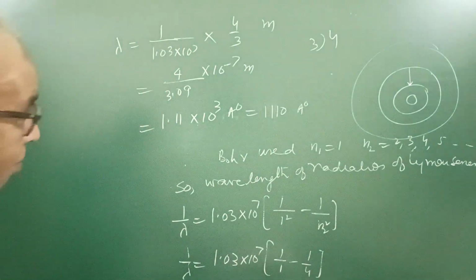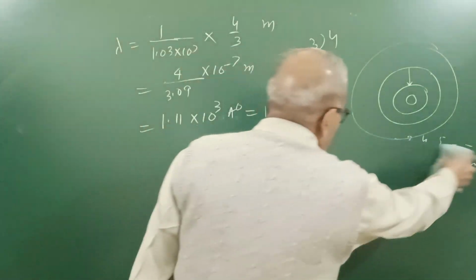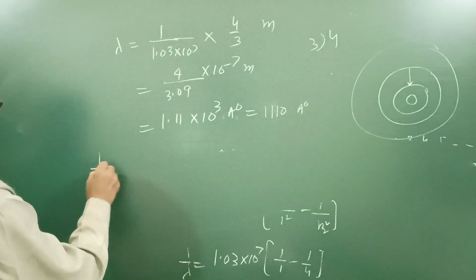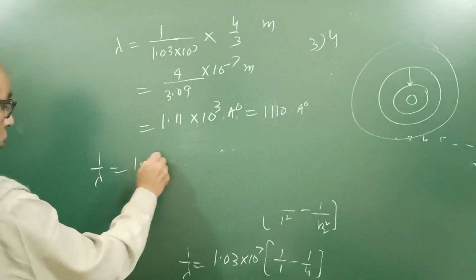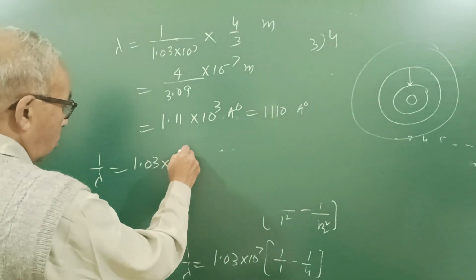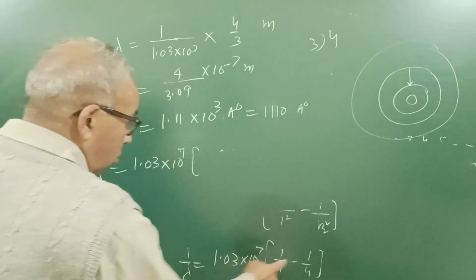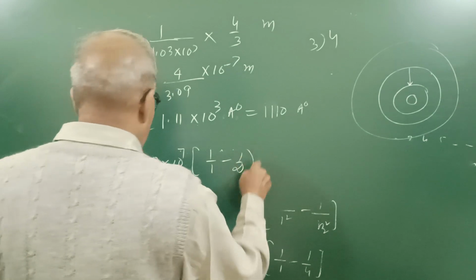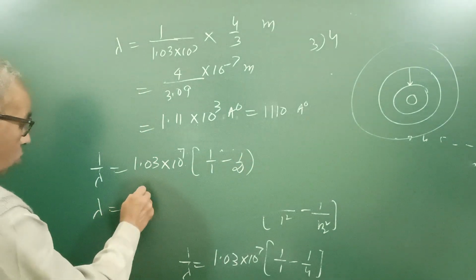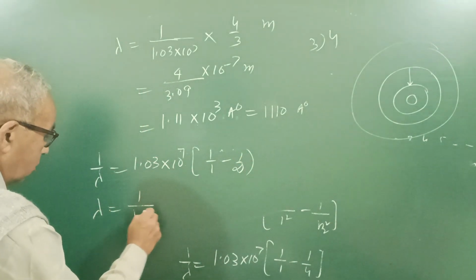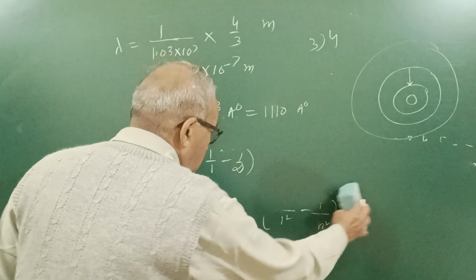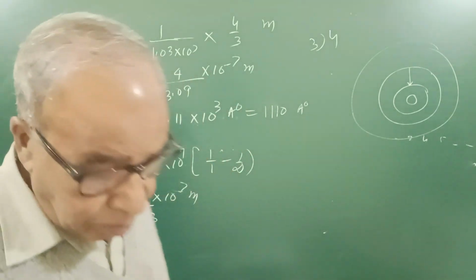Shortest wavelength of the Lyman series: 1/λ = 1.03 × 10^7 × (1/1² − 1/n²) with n tending to infinity, or λ = 1/1.03 × 10^7, which comes out to be 91 nanometer.